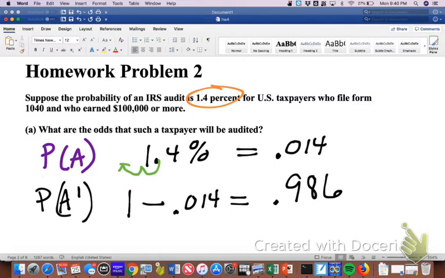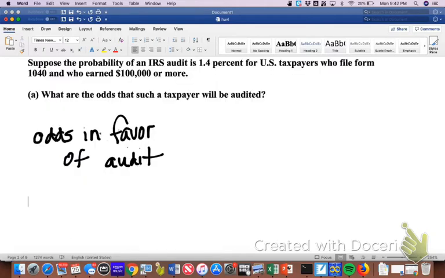We need the probability of being audited and the probability of not being audited in order to make our next formula work. So the odds in favor of an audit, and guys, in case you haven't figured it out yet, my handwriting is horrible.